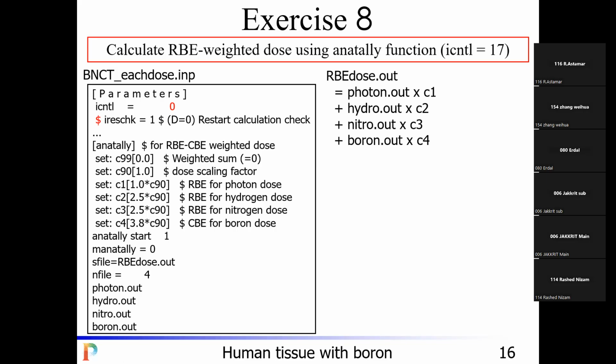And to use this function, you have to set the IRESCHK parameter equal to 1. Otherwise, you may get an error in the summing up stage. The reason why we need this parameter is that in the usual calculations FITS checks whether every input is the same or not.